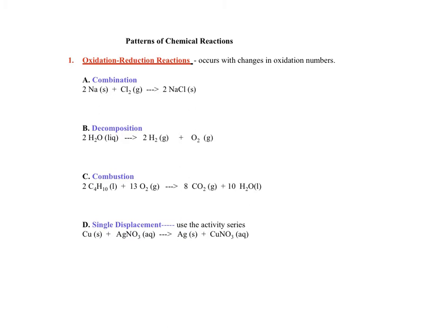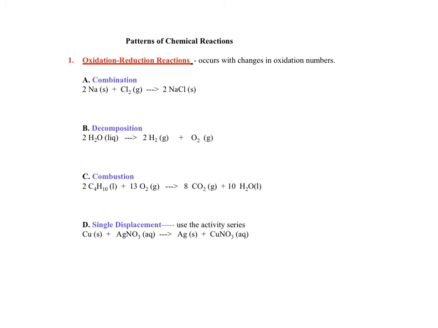As opposed to the exchange reactions that we looked at in the big video for the chapter, and things like precipitates, those double exchange reactions, there's no change in oxidation number in those reactions. The motivating force for those is the formation of the precipitate, and the net ionic equation shows you that. But in this case, the motivation for the reaction is the changing places of the electrons.